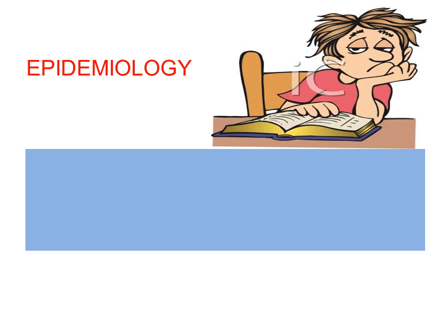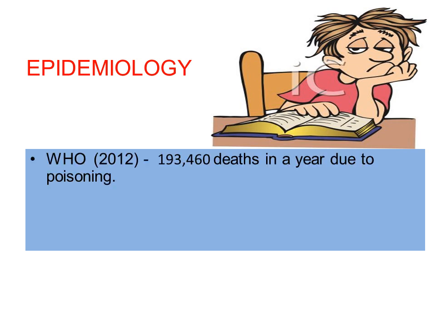If we just look at the epidemiology, which is nothing but a part of statistics, we'll find that WHO in its yearbook of 2012 has written that near about 1,93,460 deaths occur in a year due to poisoning.